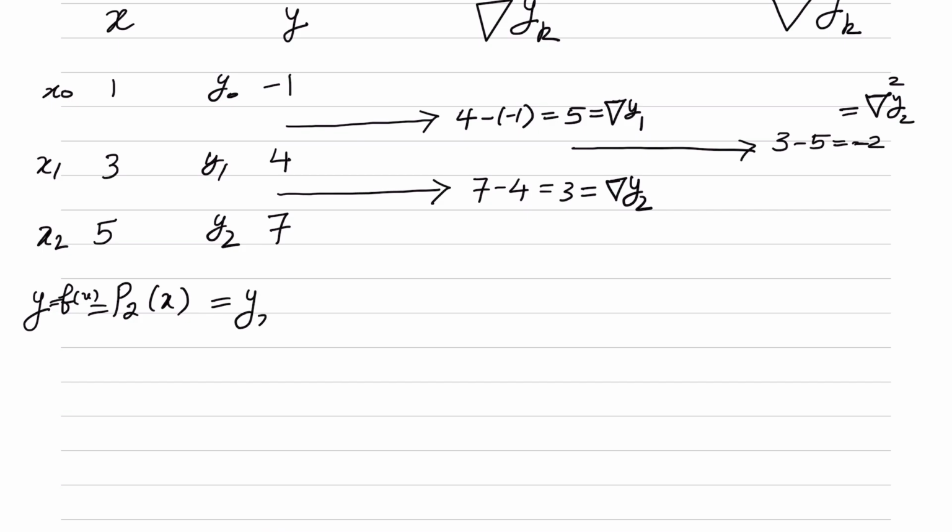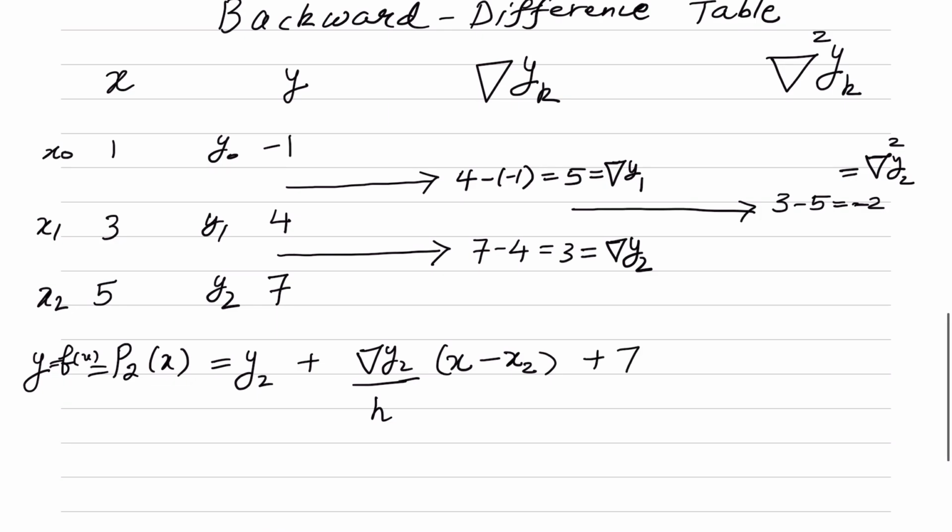So it is y2 plus backward y2 over h into x minus x2, plus backward square y2 over h square 2 factorial into x minus x2 into x minus x1.